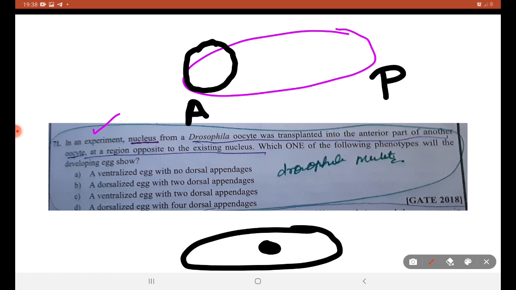If it is placed in this anterior portion of the another egg cell, what will happen? Placed in the anterior side. So what will happen?